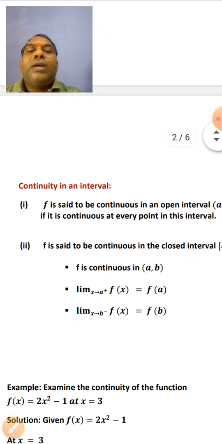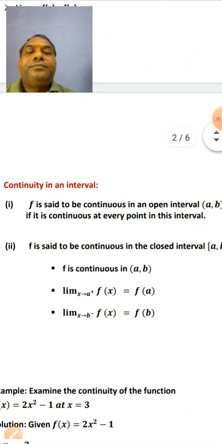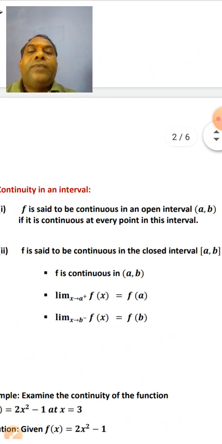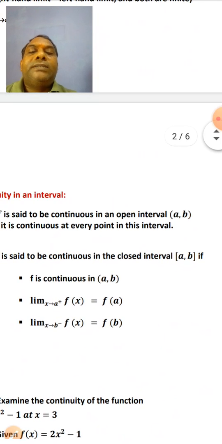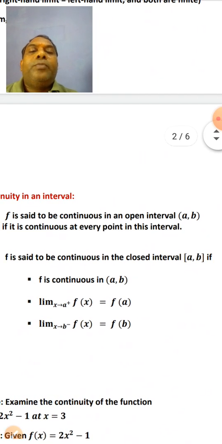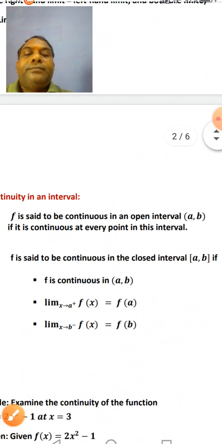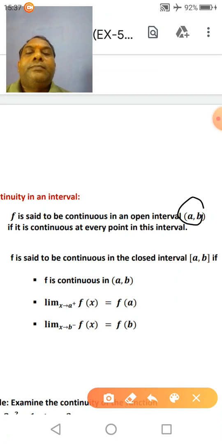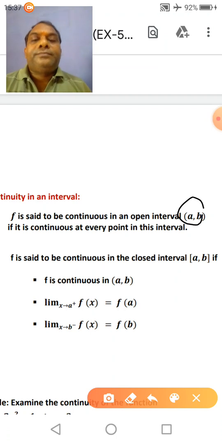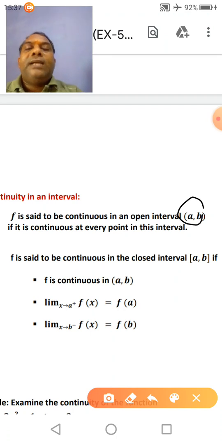Now continuity in an interval. First, f is said to be continuous in an open interval (a, b) if it is continuous at every point in this interval. Clear?